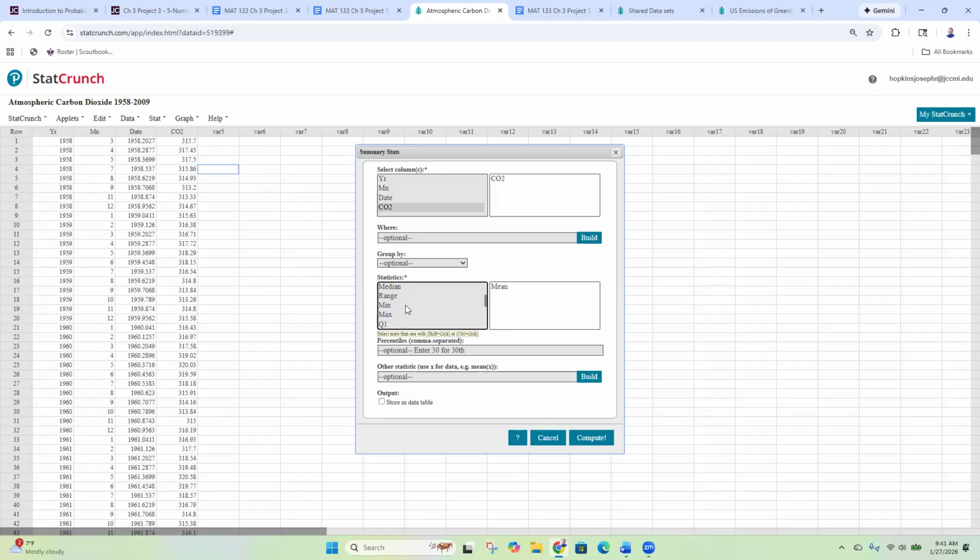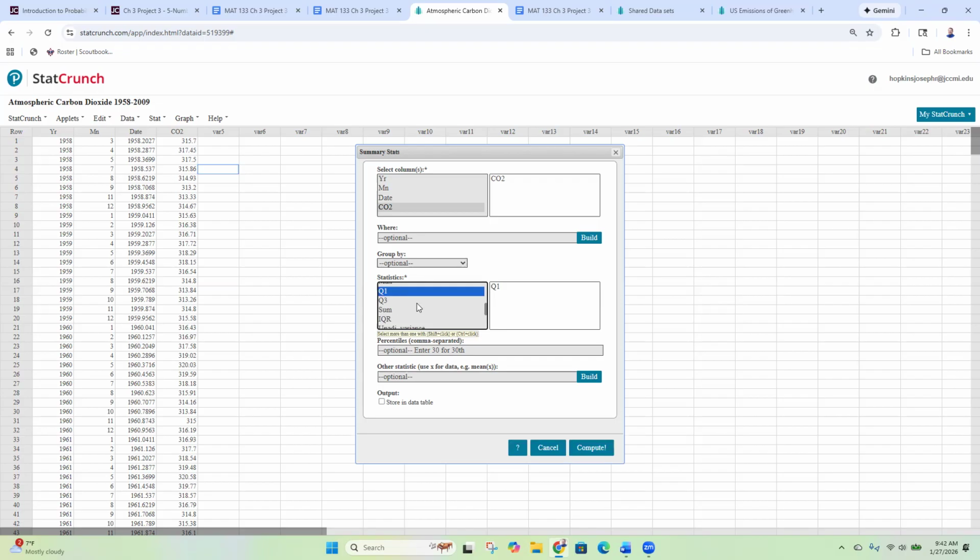Let me ask, what numbers are in the 5-number summary? Somebody tell me the 5 things so I can go find them. Quartile 1, 2, 3. Mean, median.